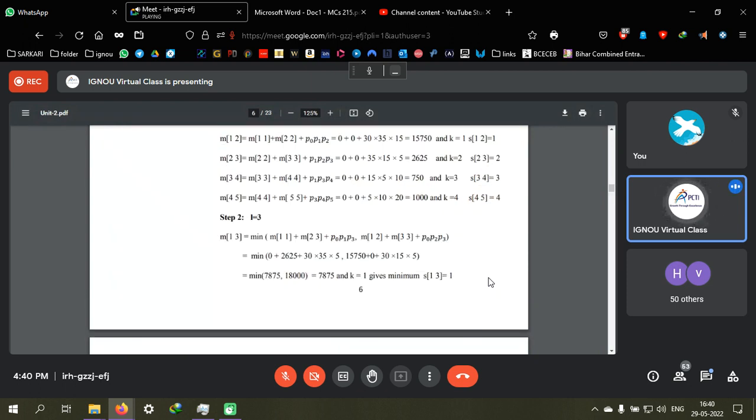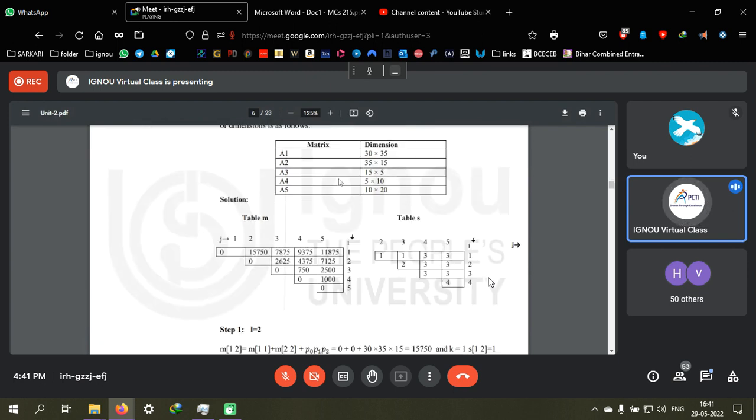If we are talking about 1, comma 3, that means A1 into A2 into A3. We are doing it for A1 into A2. If we are doing A1 into A2, the dimension is 30 multiplied by 35 multiplied by 15.